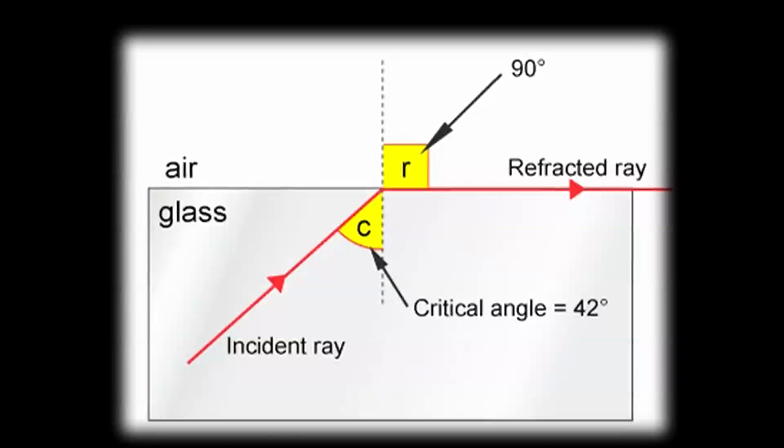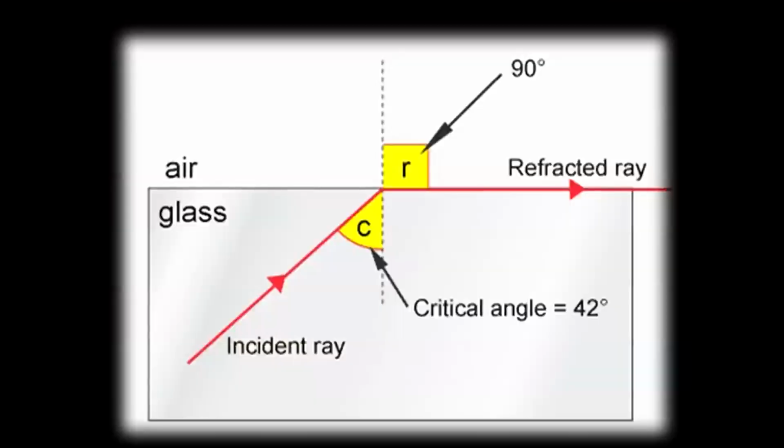Now for a particular value of the angle of incidence, this ray will just graze along the point of separation between these two media. That means no refracted ray will enter the medium of refraction, or the rarer medium. This is known as the critical angle.